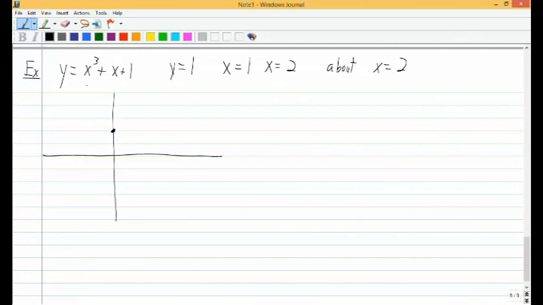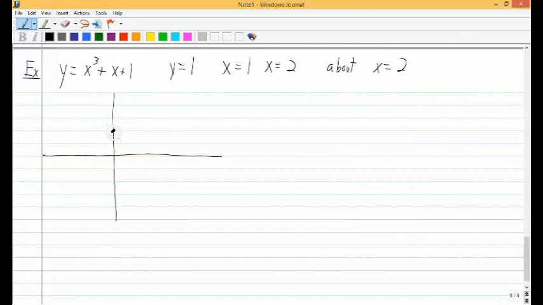If you let y equal 0 to find the x-intercepts, that's a little bit more complicated, so you would need to use some type of technology, or you'd have to get really lucky with some x and y values. But you can see that as x gets larger, y is going to get larger. So even if x is 0, we know that it crosses here.